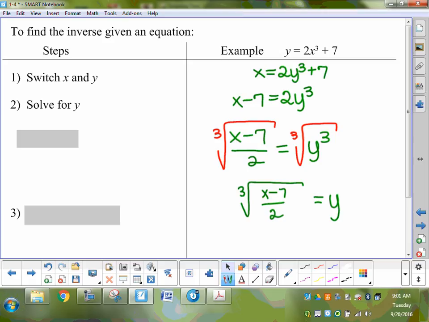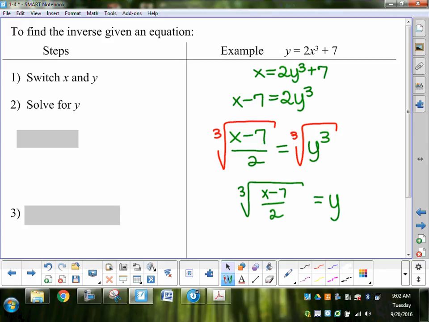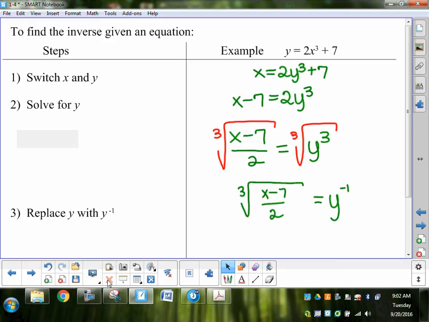What do we need to tack on to this y to denote that it's the inverse of the previous y? We got 2 people who can remember, 3. That little minus 1 here, or y inverse. Questions on that?